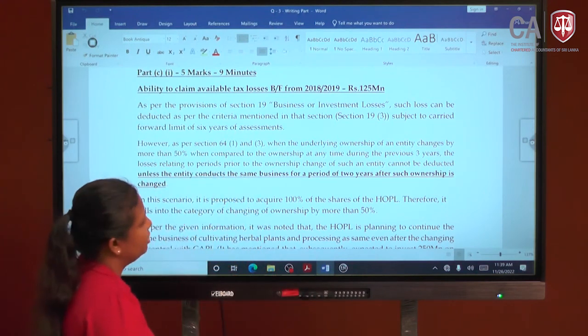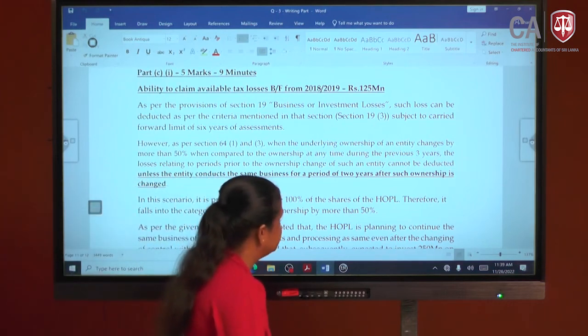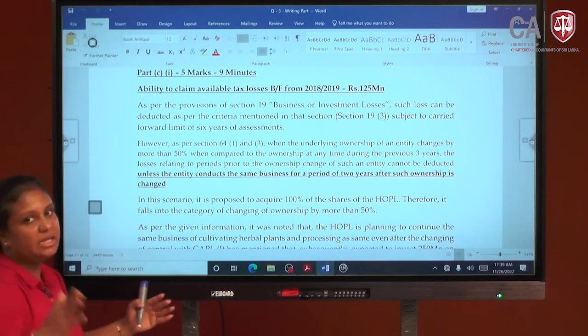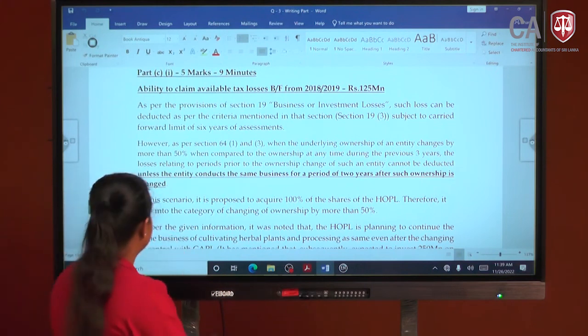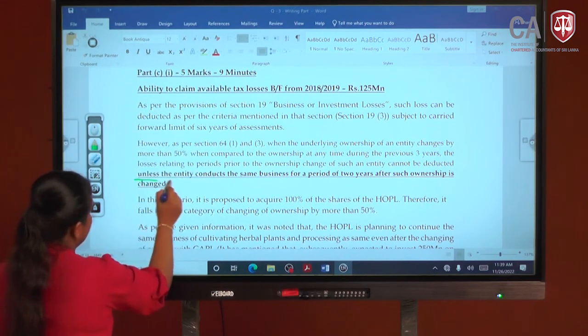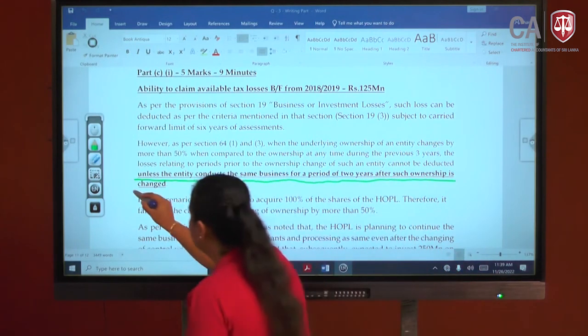When the underlying ownership of the entity changes by more than 50% when compared to the ownership at any time during the previous 3 years, the losses relating to the period previous to the ownership change of such entity cannot be deducted unless the entity conducts the same business, which I need to really emphasize, for the period of 2 years after the ownership change.